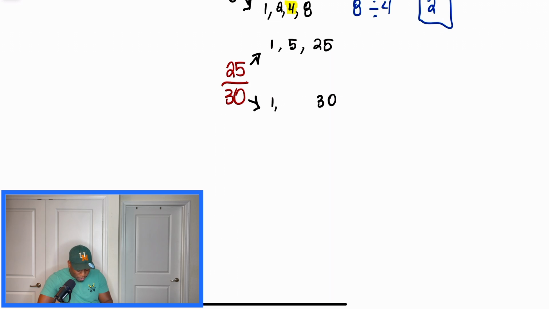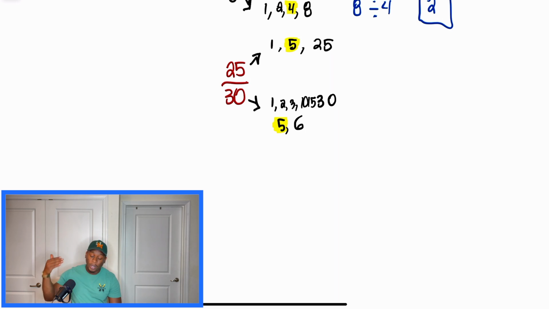So we have 1 times 30, 2 times 15, 3 times 10, and I didn't have enough space, so I'm going to write 5 times 6 out on the bottom. When we look at this problem, we notice that 5 is the greatest common factor. What we're saying is that 5 could go into both 25 and 30, and it's the largest number we could divide both of them by.